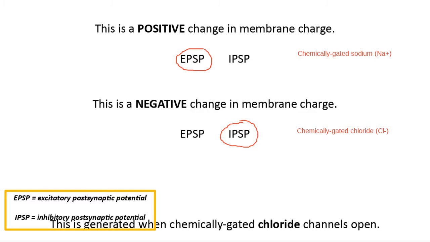The first way is to bring in some chloride, so bring in some negative charges. The second way is to spit out some positive charges. So the two types of channels that help me generate IPSPs are chemically gated potassium channels and chemically gated chloride channels. The one type of channel that helps me make an EPSP is a chemically gated sodium channel.